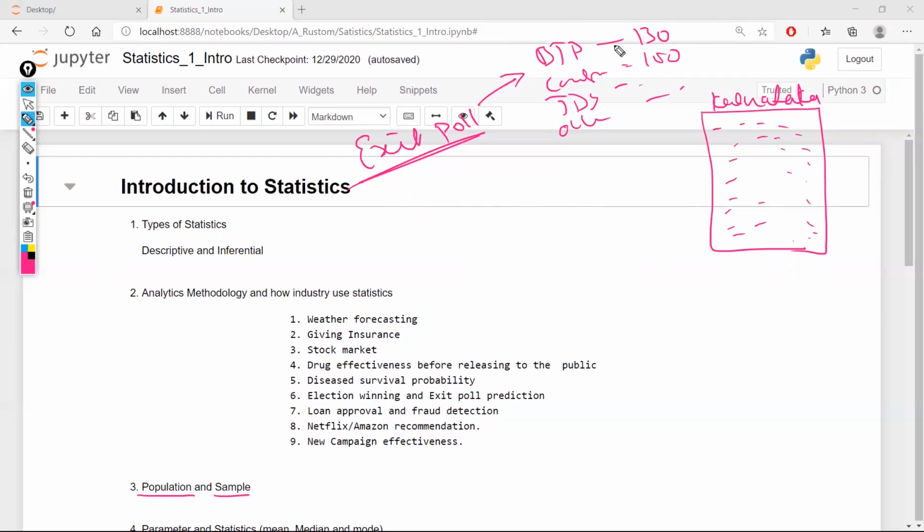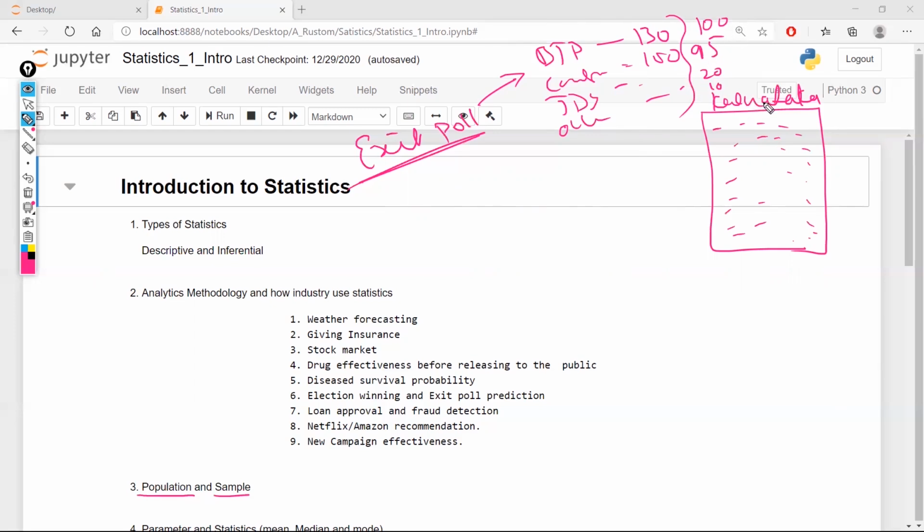So how will they be able to come up with these numbers? One channel will come up with one number and another channel's number will change. Maybe they will say 100 here, maybe 95 here, 20 here, 10 there, and different channels come up with different numbers. How are they able to do this?